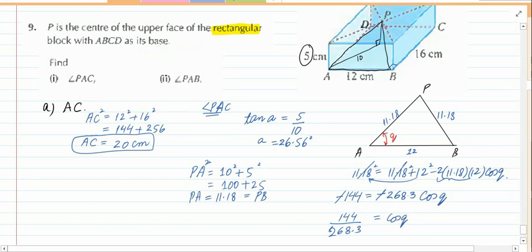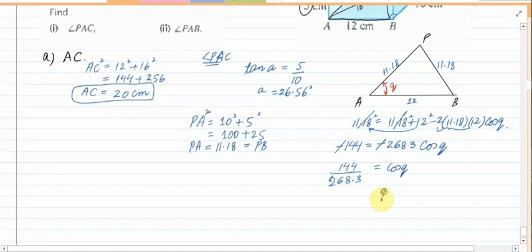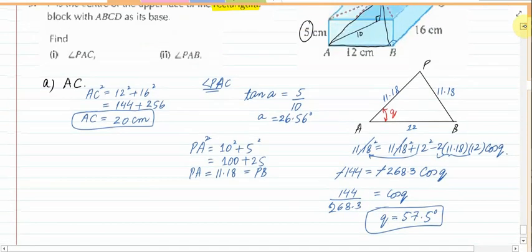So 144 divided by 268.3, and the cos inverse gives you the value of 57.5. So the angle Q is 57.5 degree, and that is your answer, right?